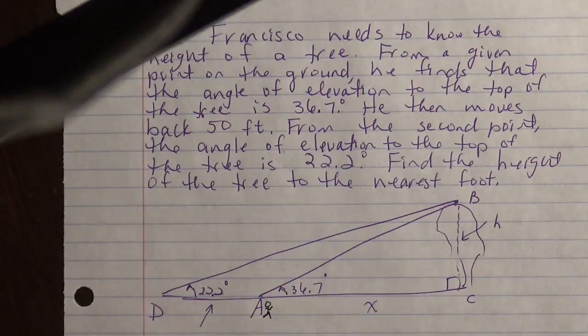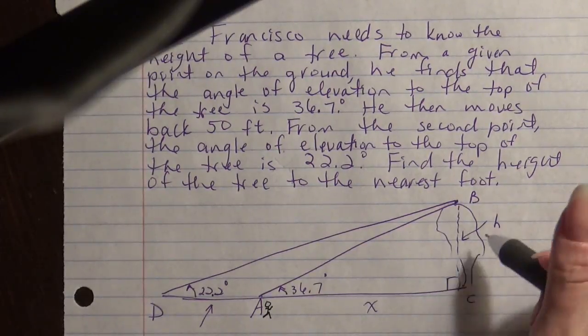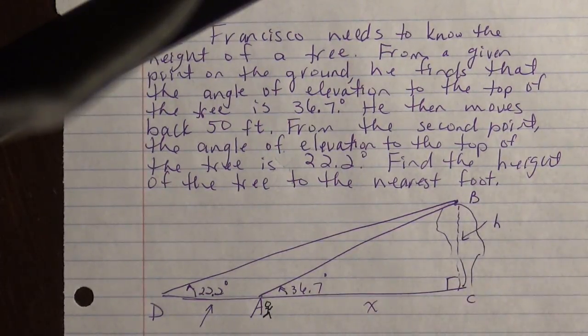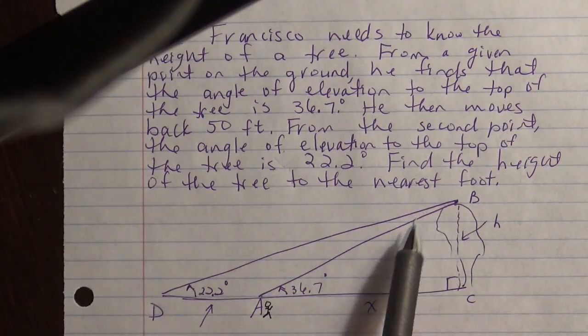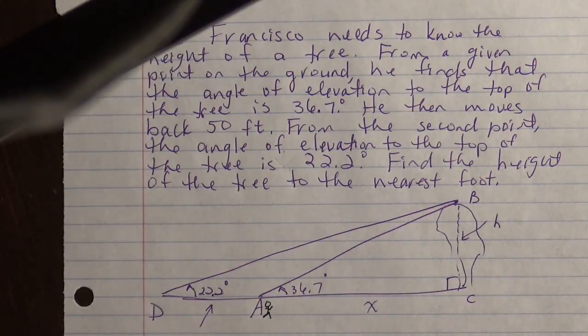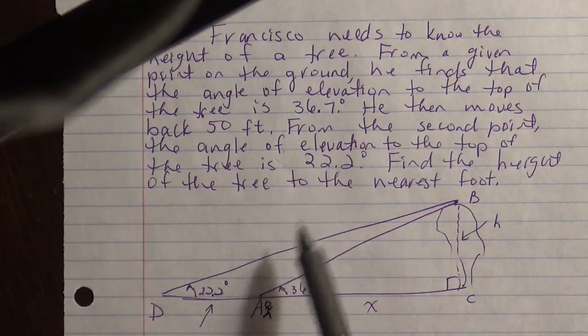So how can we find this measurement over here? Let's look at what we have. We know that we can use our trig functions to help us if we're working with a right triangle. We've got these two angles. We can get this angle up here pretty easily, but I don't know if it's actually going to help us. But let's fill in everything that we can.